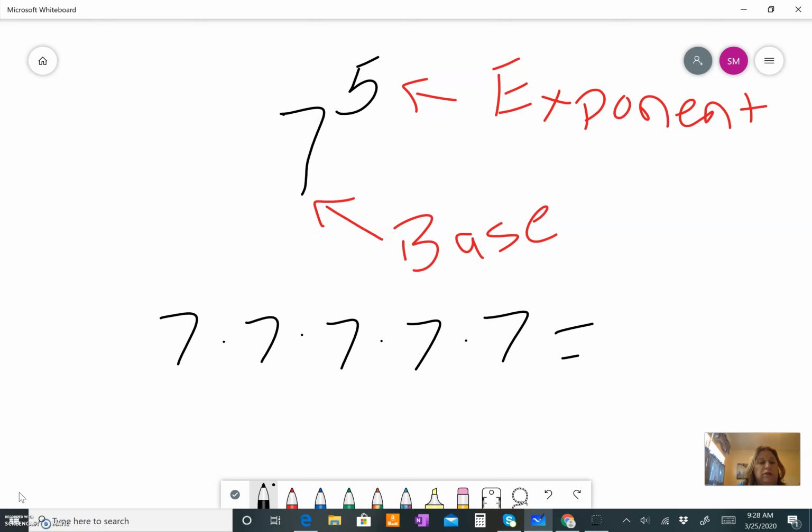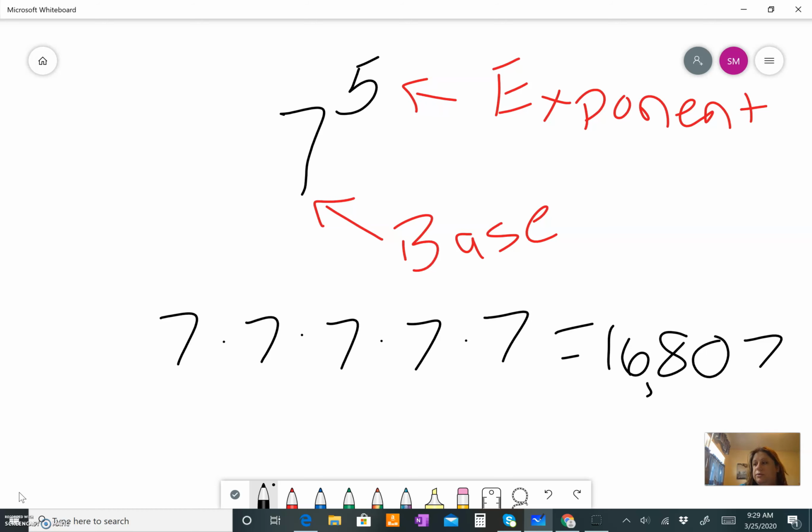Just be careful and make sure you don't overcount. So 7 times 7 times 7 times 7 times 7 is 16,807. We have to remember that the exponent tells us how many times to multiply that base number, regardless of how big or small it is.